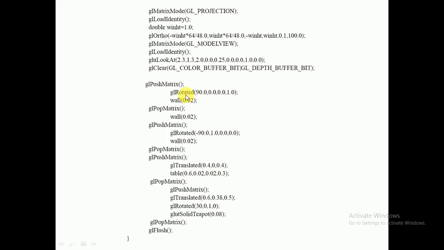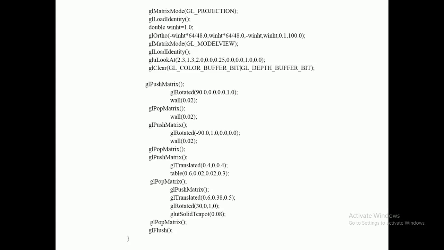This is a 2D rotation. The 3D rotation API available in OpenGL is glRotated. The first value will tell the angle, the next value will tell X, then Y, then Z. If the respective value is 1, then you are rotating about that axis. Right? This is X, this is Y, this is Z.